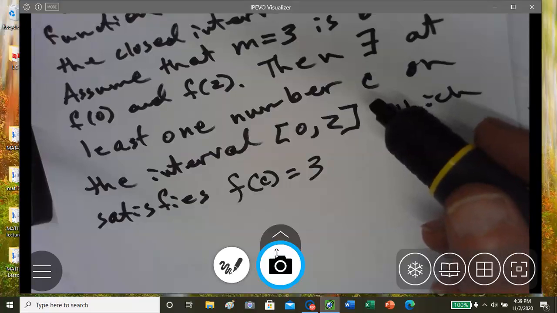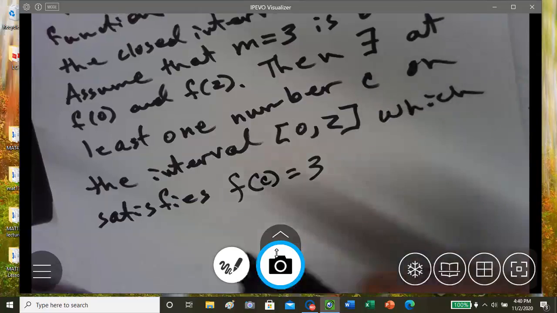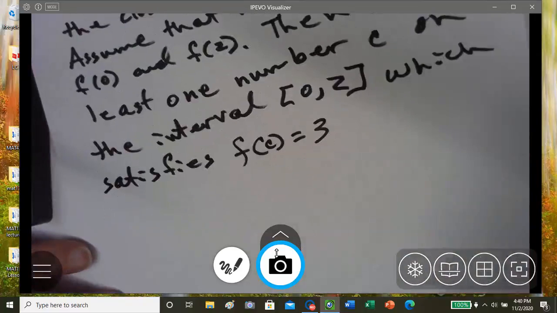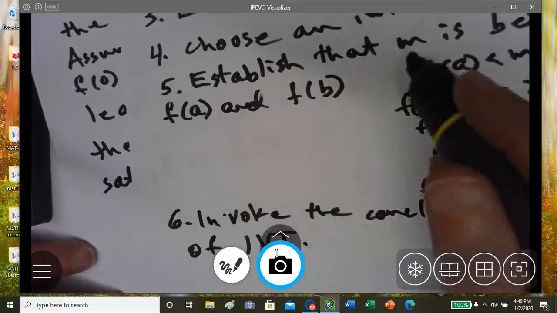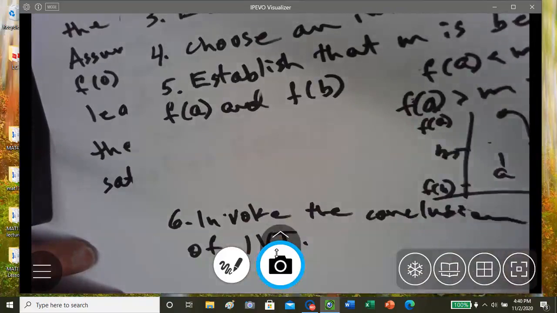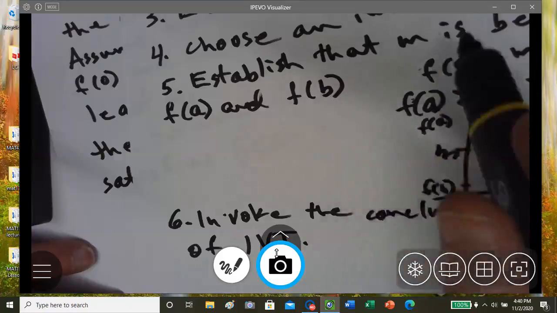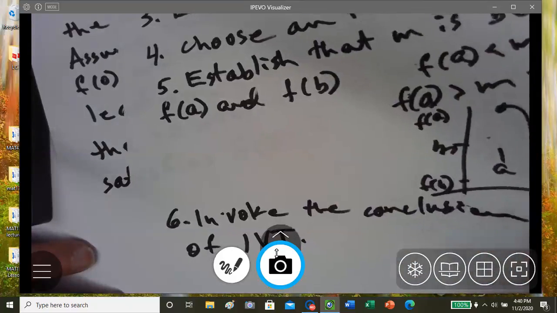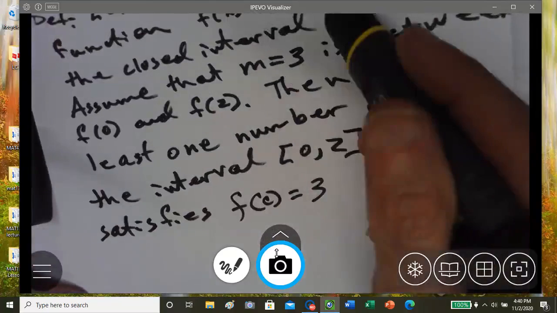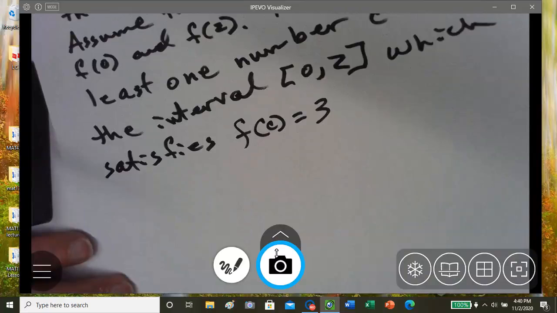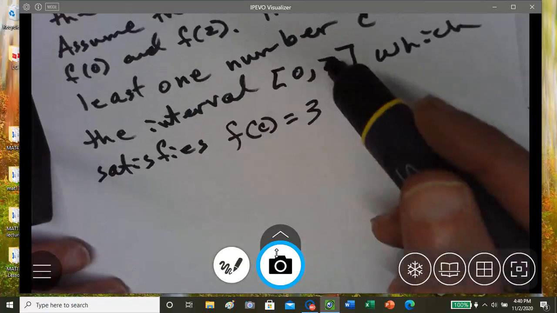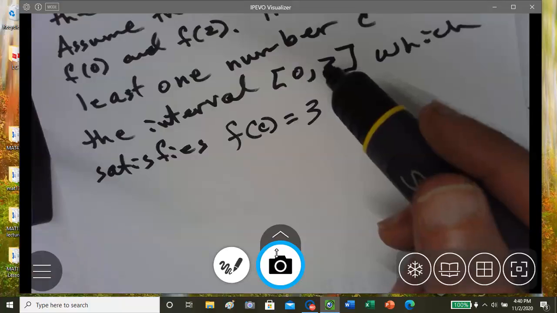We've defined our function. Now we need to establish that m is between f(a) and f(b). We've established m is 3. We established our function, which is 3x to the fifth minus 4x squared, and we established our interval.